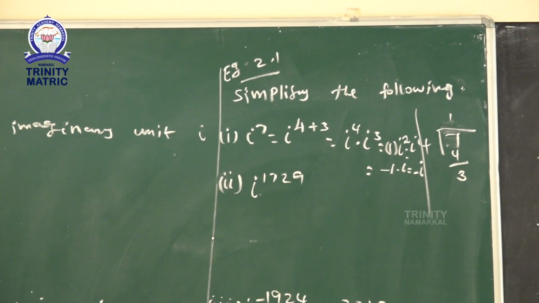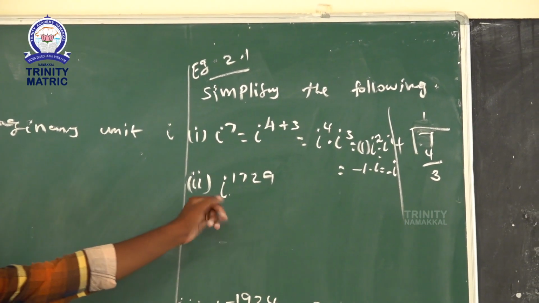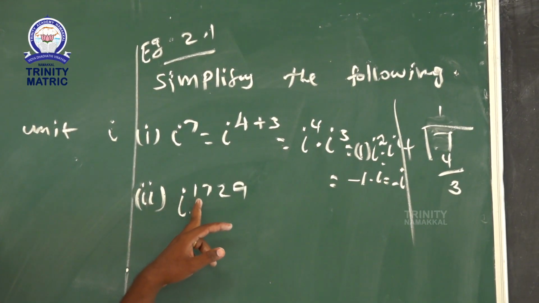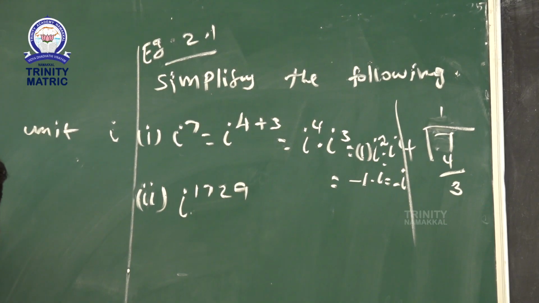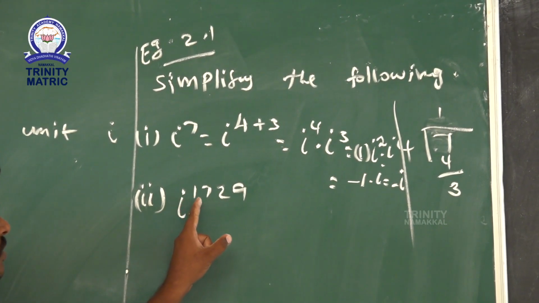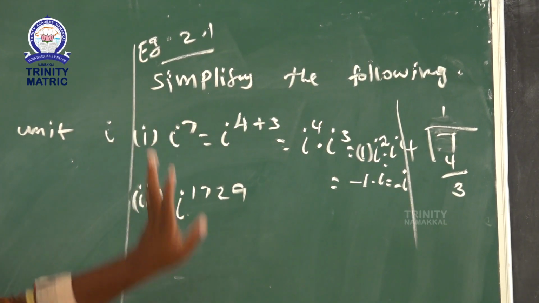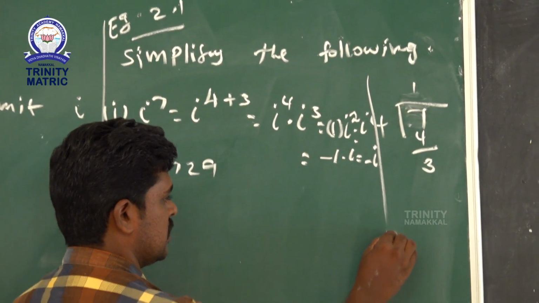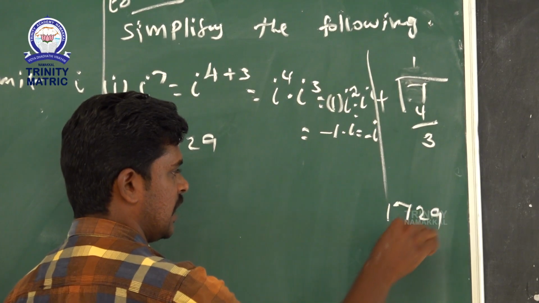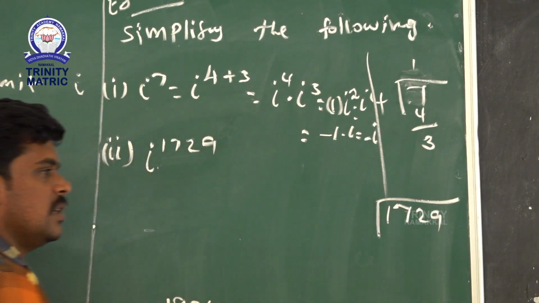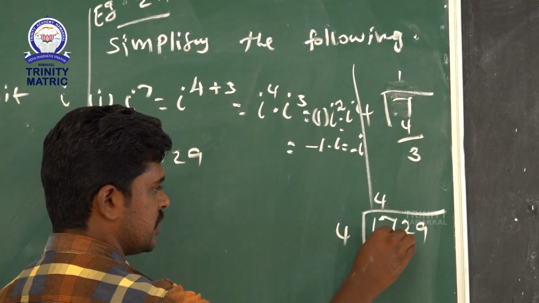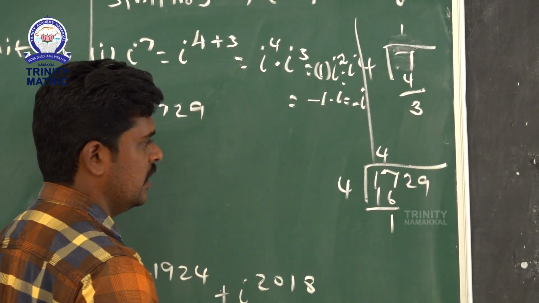This is very easy. Next one, the power is in the thousands, above 1000. Here i power 1729 uses the same method, arranged in multiples of 4. So 1729 is divided by 4. Here 4 fours are 16, so the remainder is 1.